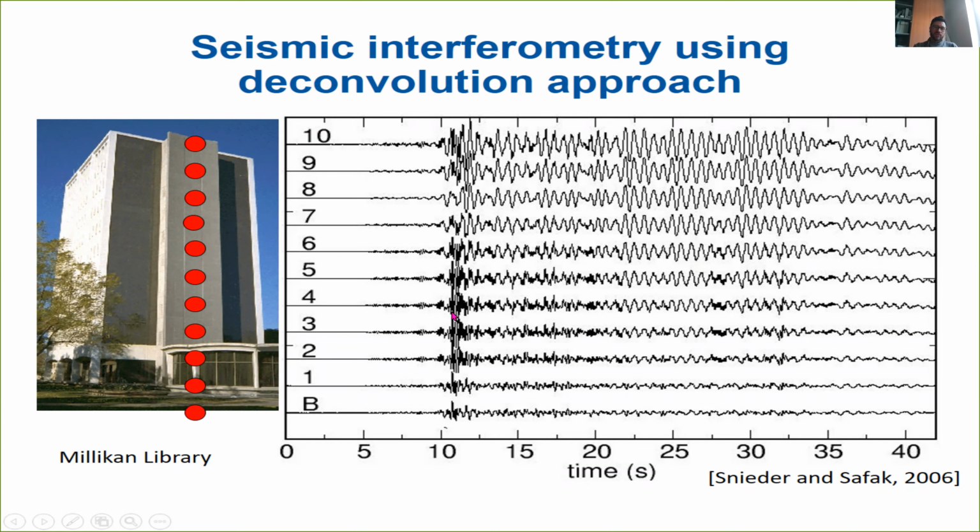You can immediately see that the shaking is increasing while we move up in the building, and then you see low frequency oscillation, nearly with the same frequency, that is becoming more and more clear when we go to the upper floor of a structure.